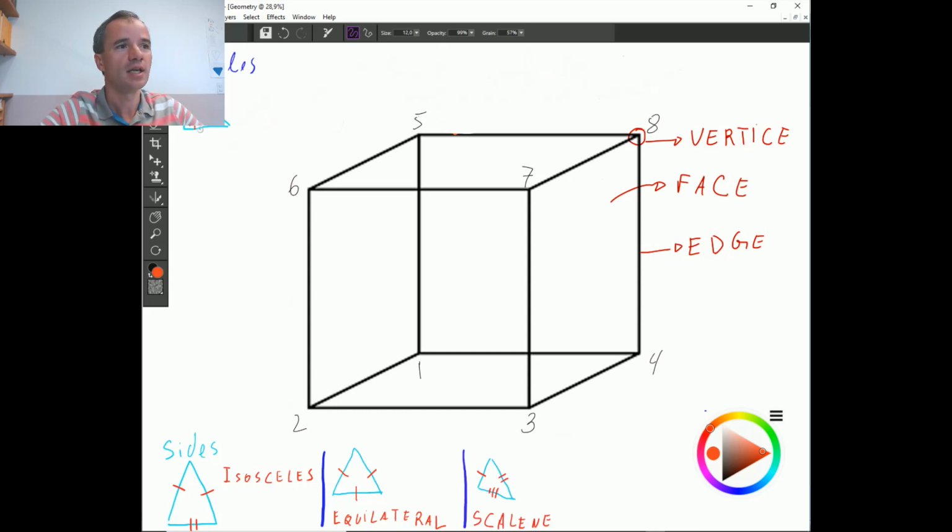It means that this angle is 90 degrees. That angle and that angle is 90 degrees. The cube has only right angles. We call it 90 degrees or a right angle, and that is why that triangle is going to be called a right triangle.